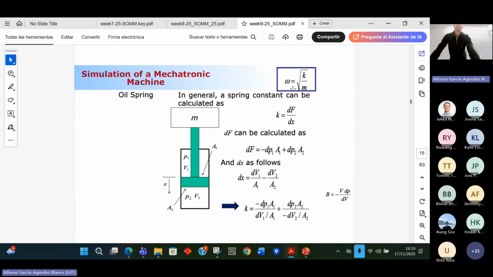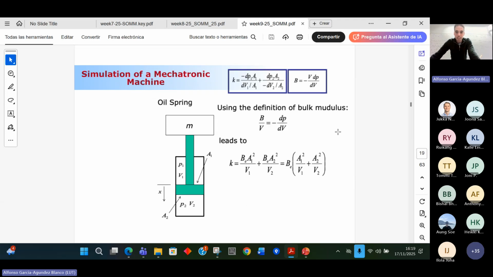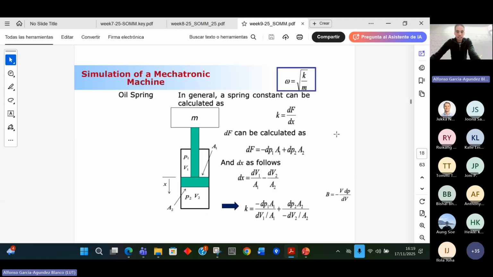So basically you had to take into account the flexibility of the spring and the stiffness of this oil, and using the bulk modulus, you obtain a relation that related this stiffness, assimilating the behavior of the oil as a spring, with the hydraulic circuit parameters, okay? So this exercise may serve you as a hint for this assignment, okay?